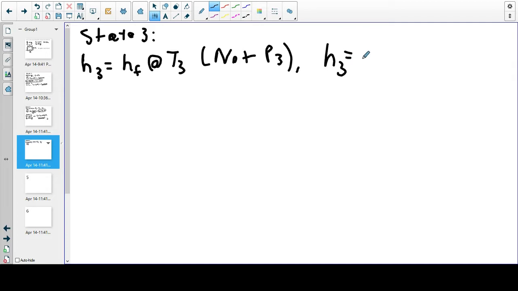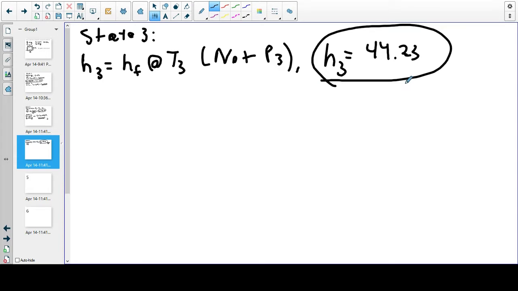It's not a big mistake, but it's a very common one. If you do that, you will find h3 to be 44.23. All the enthalpy values are in BTUs per pound. I'm just not writing them because it's a little extra time, and I'd like to keep the videos short as much as I can.